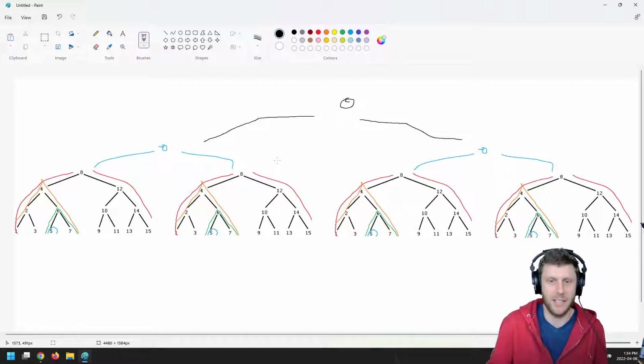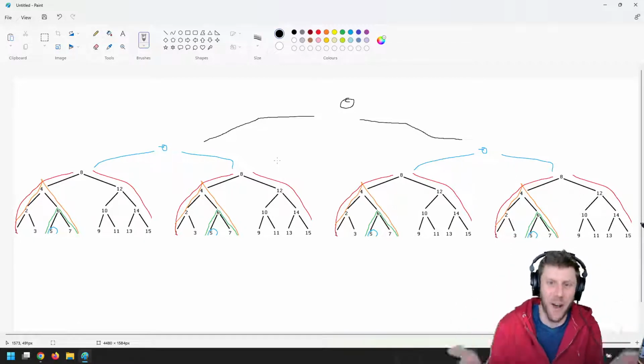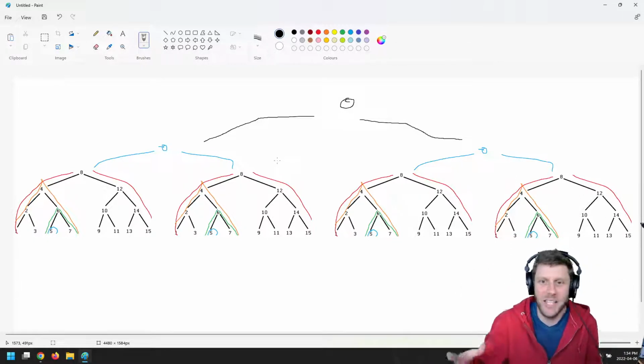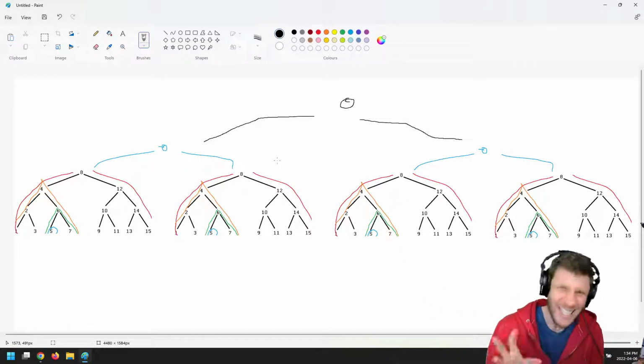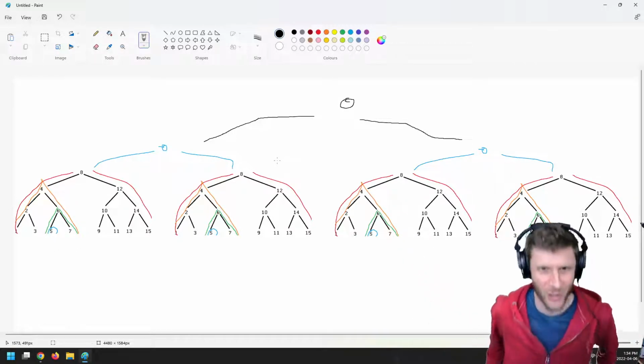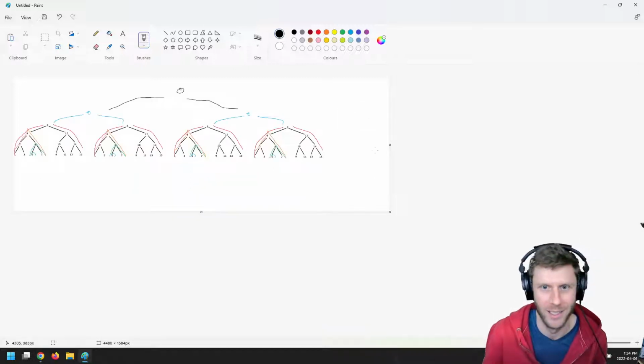See how it's the exact same pattern over and over again? I can grow this forever. I just double it every time. Can you see the pattern I'm trying to show you here? Let's zoom out and do it again.